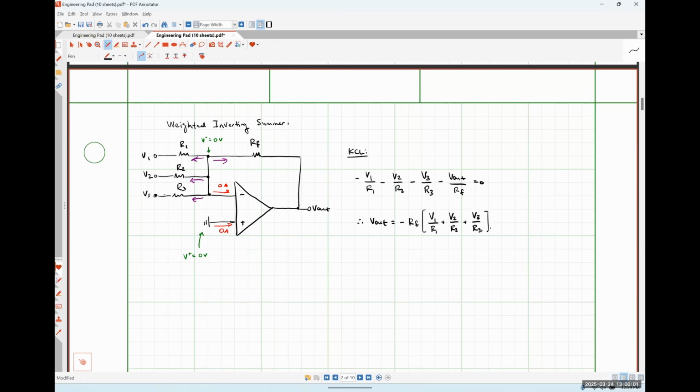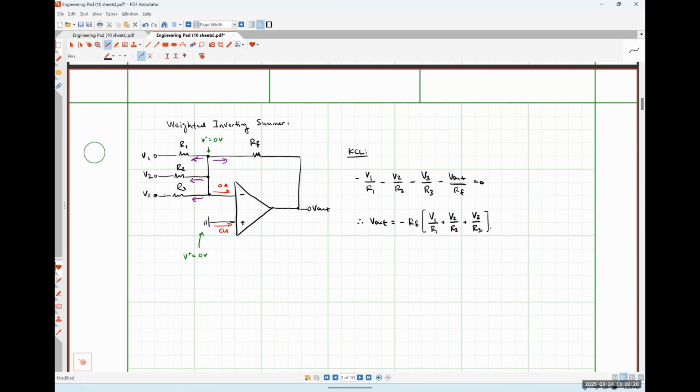Okay. So we can't really define a closed loop voltage gain for this system because we have a combination of inputs, but we can hopefully very easily see that if we were trying to see the voltage gain for input signal V1, it would just be negative RF over R1.